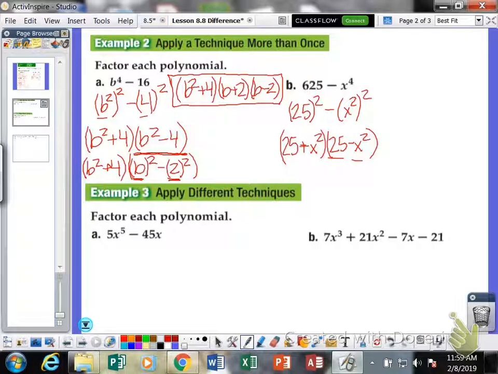These can be written as perfect squares. So I'm going to rewrite my first quantity, 25 plus x squared. 5 squared minus x squared.